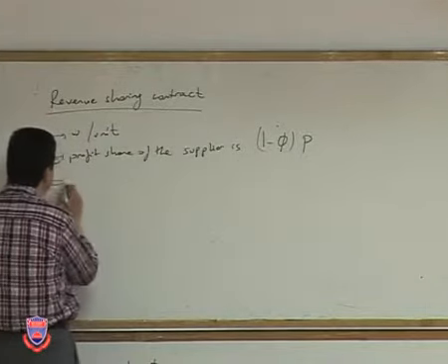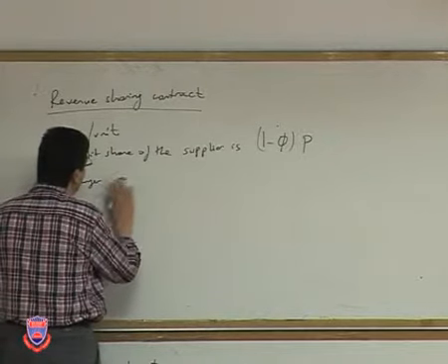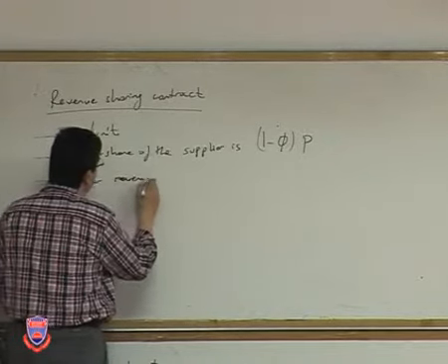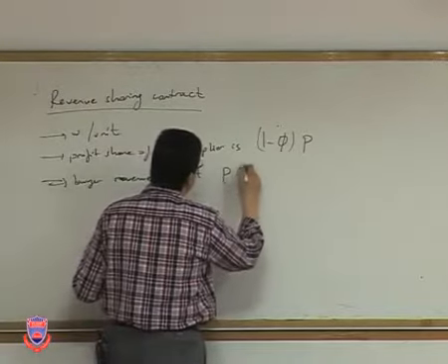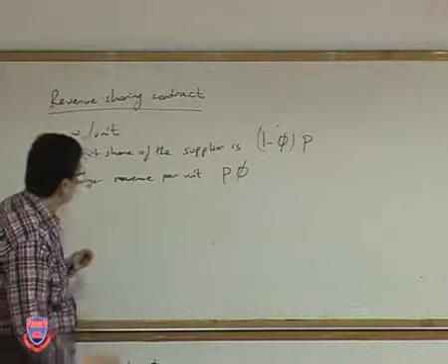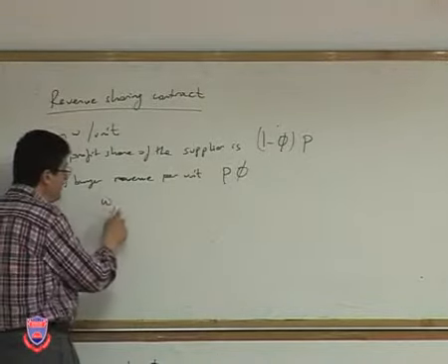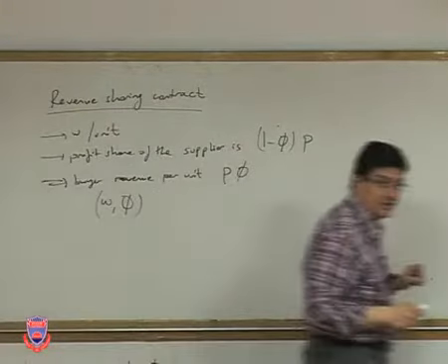So the buyer's revenue per unit would be P times phi. Okay? So now we have two parameters, W and phi, which will be decided in the revenue sharing contract.